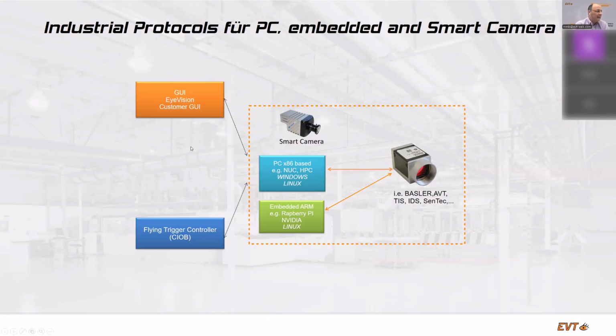And for all the others, of course, we have these protocols available, starting with the image capture tool set, with the image capture communication tools to get the image data to either the embedded system or the PC system.